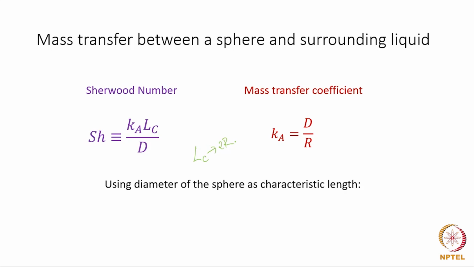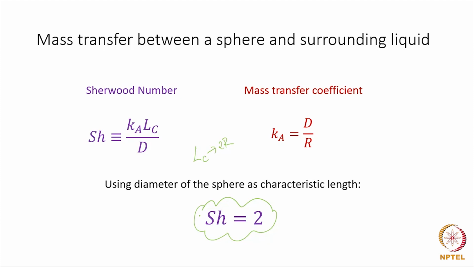So when we substitute that, you see that a very elegant expression comes out: the Sherwood number for steady state one-dimensional solute transfer from a sphere into the surrounding fluid is just 2. And this is very useful because it is easy to remember.